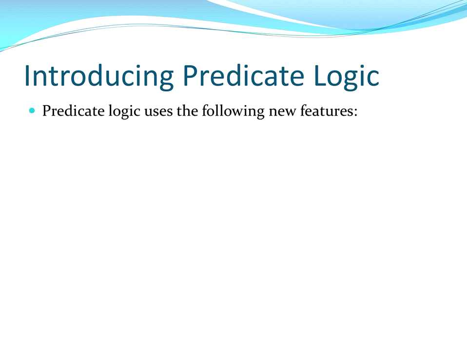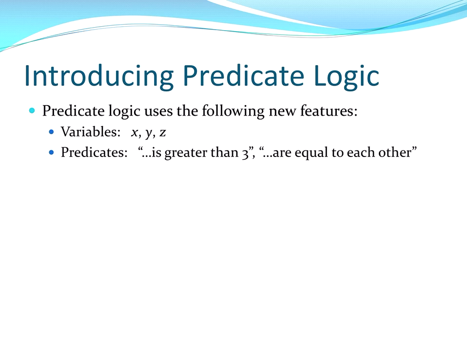So what we're going to add to propositional logic is the concept of a variable. And these are not atomic propositions. These are variables that can take on values from any domain. They could be integers, they could be names of people, they could be types of animals. So these are variables that take on values from a domain.